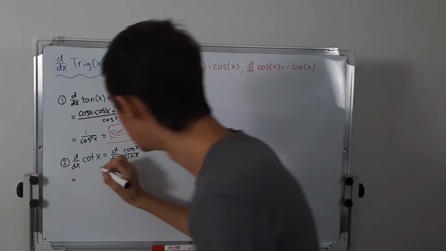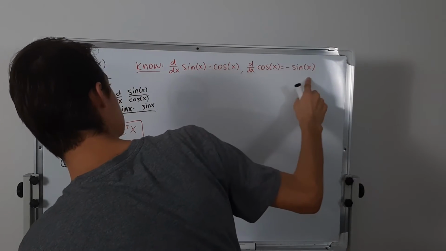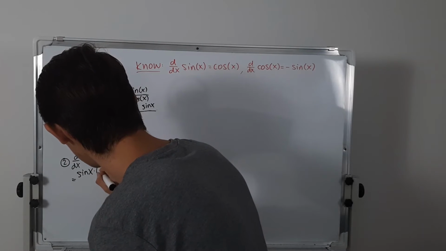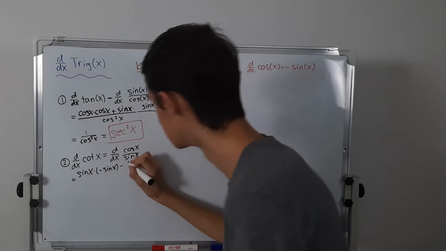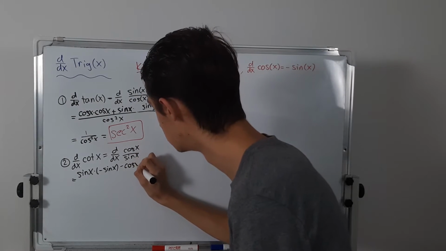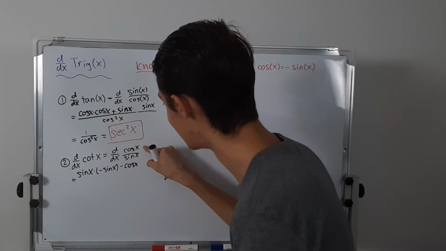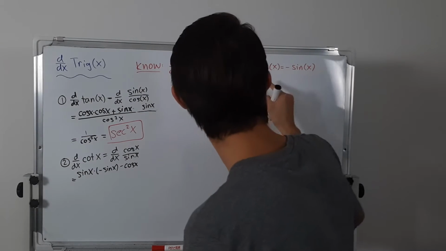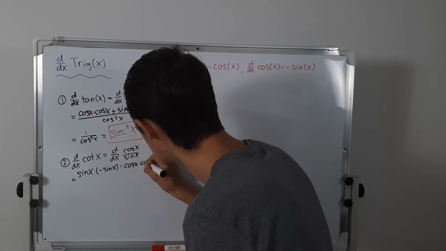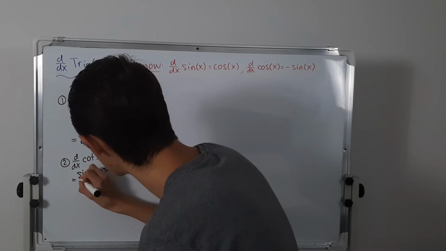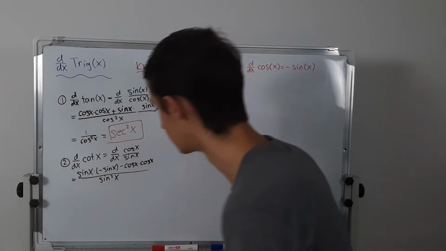So low times d high, which is going to be a negative sine, so times negative sine, minus high, which is cosine, so low d high, minus high d low, the derivative of the low is sine, which is just cosine, over low squared, which is sine squared of x.